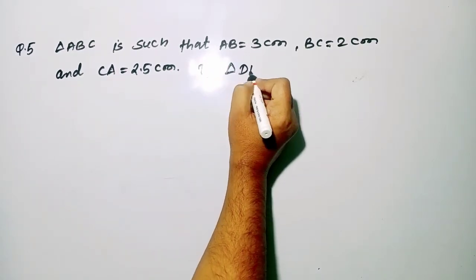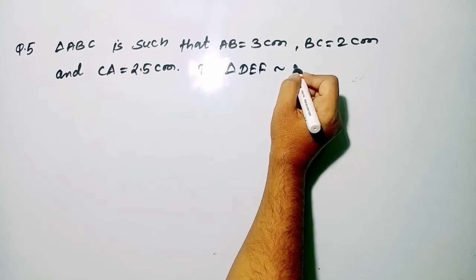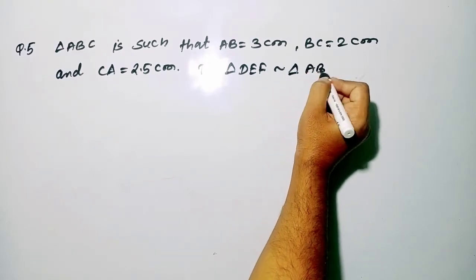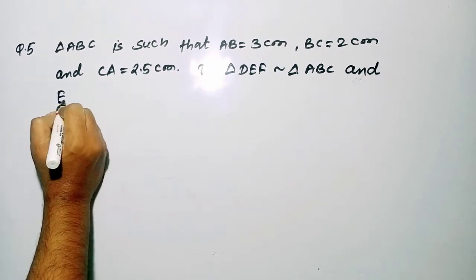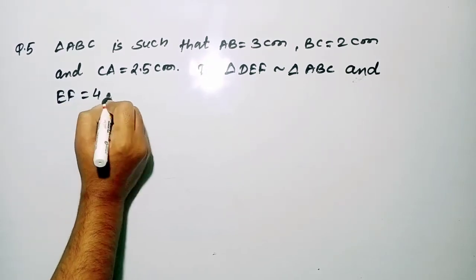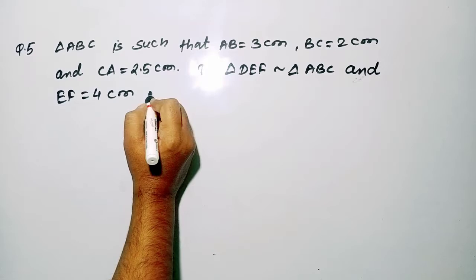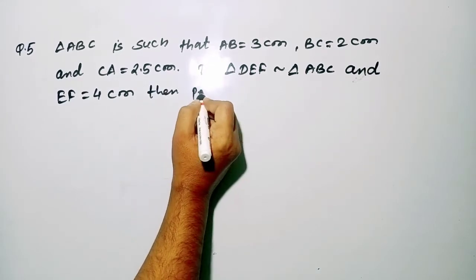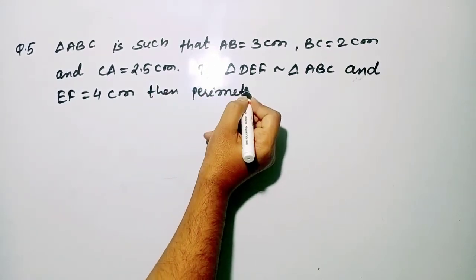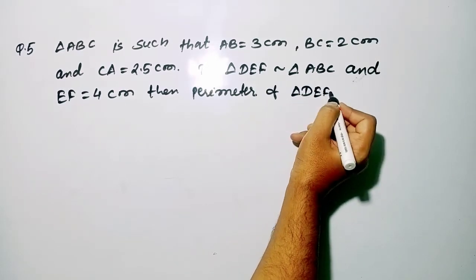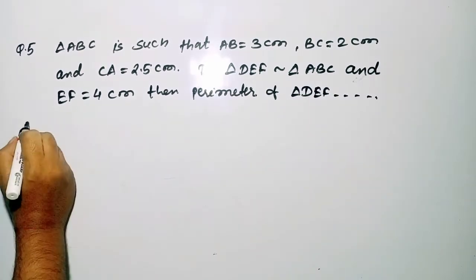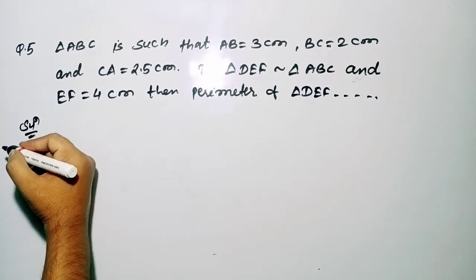If triangle DEF is similar to triangle ABC and EF is equal to 4 centimeter, then we have to find out the perimeter of triangle DEF.